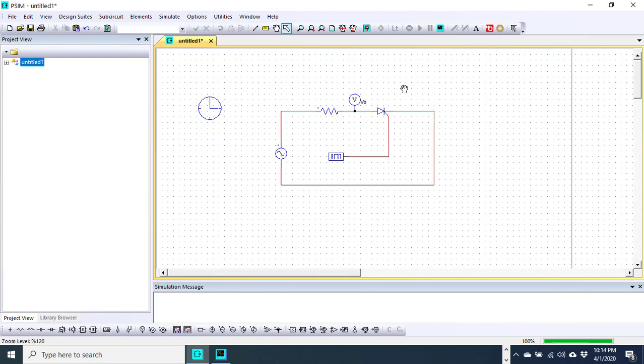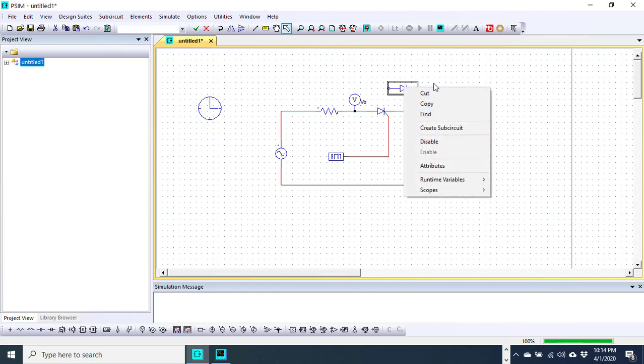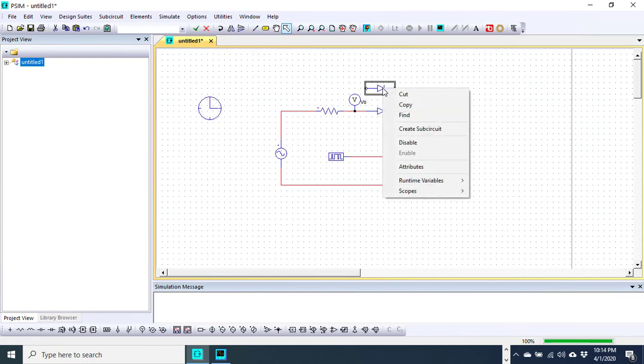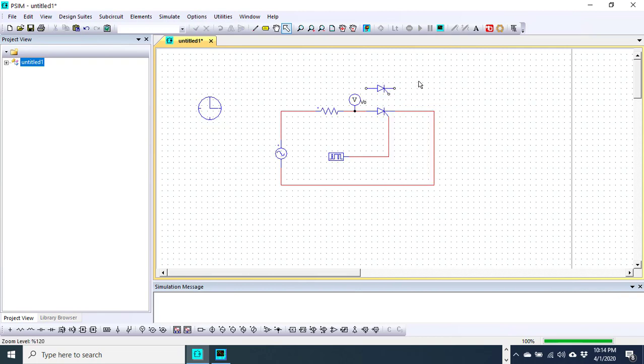So I'm going to take another device, and I have to connect this device with my circuit.